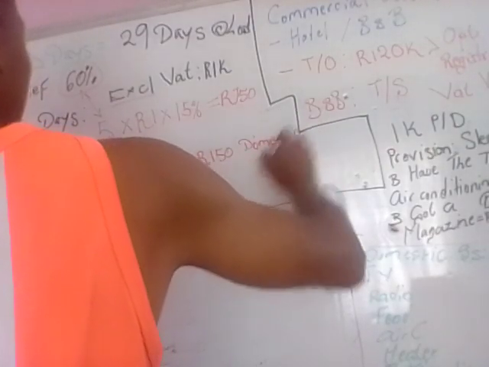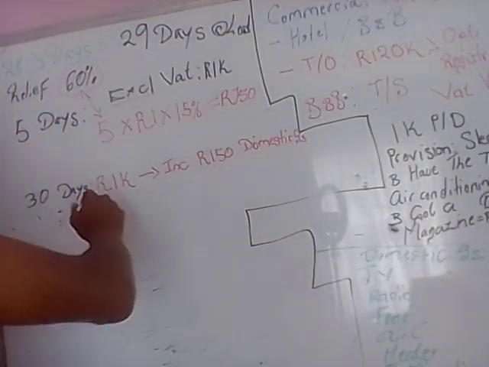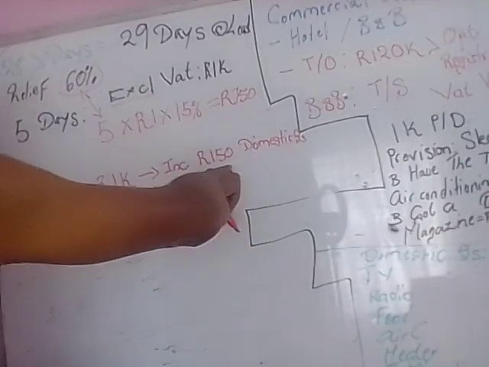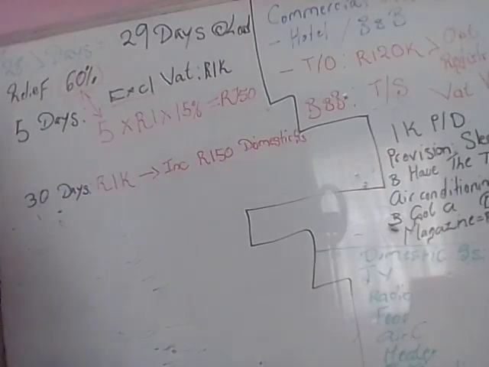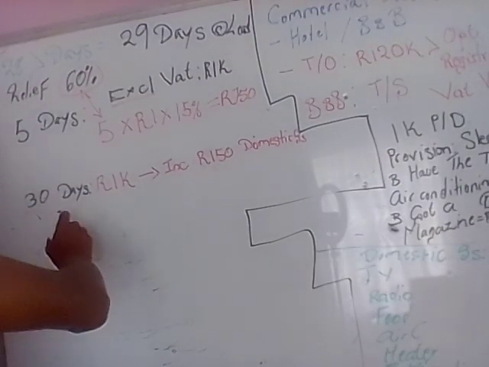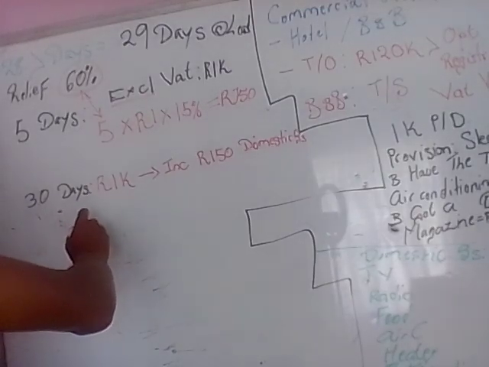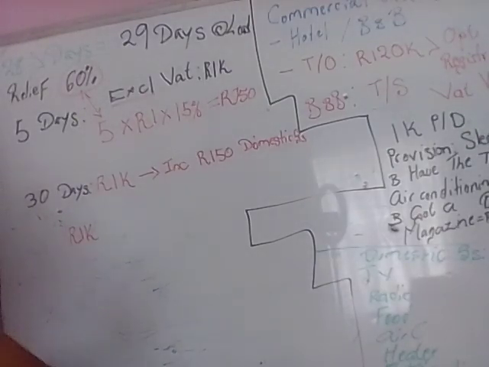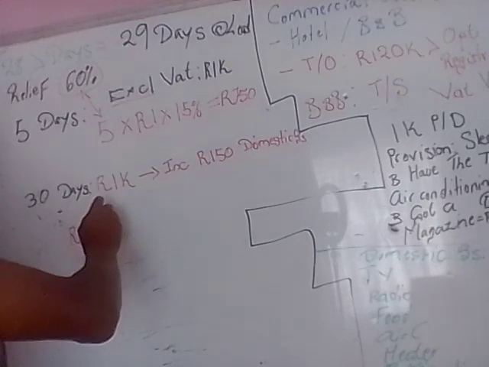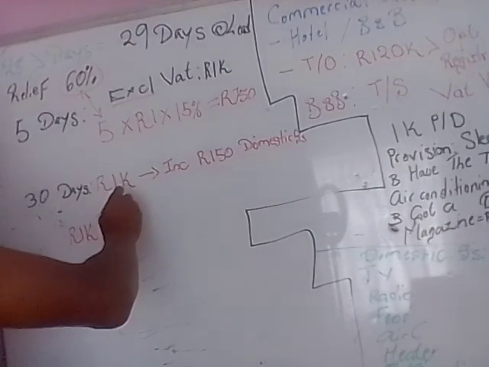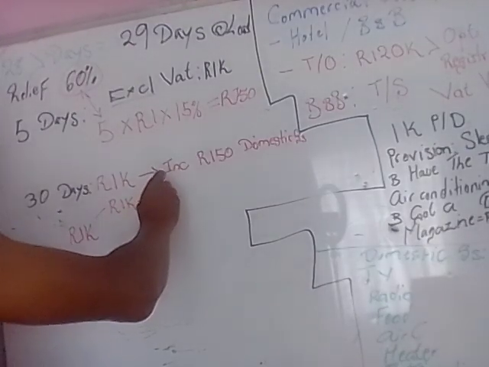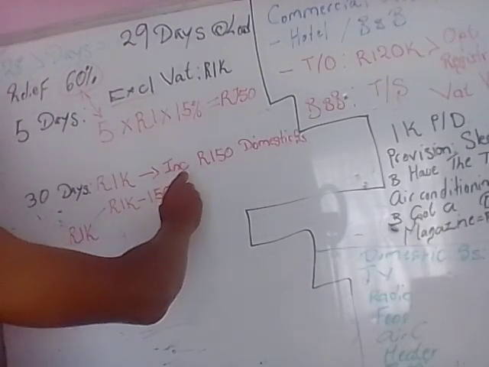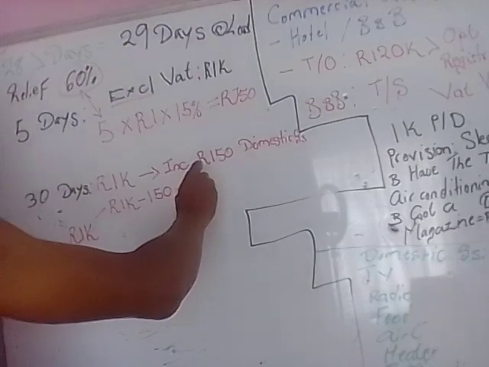In that instance, we need to eliminate the 150, which would be a normal taxable supply on its own. So 1,000 rands minus 150 equals 850.